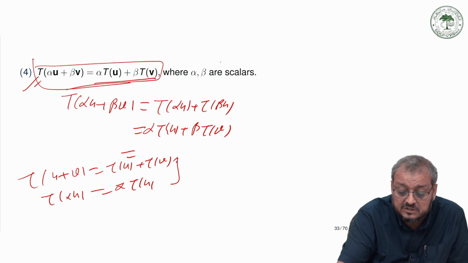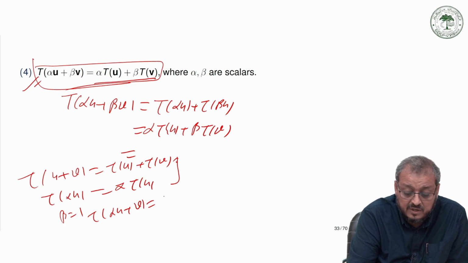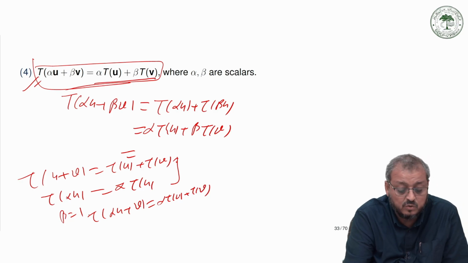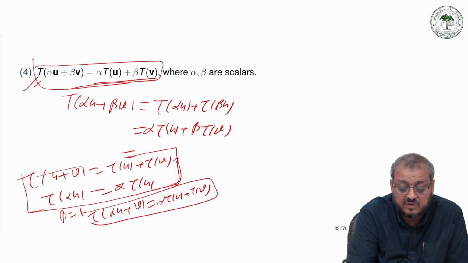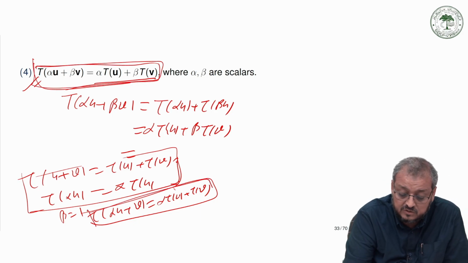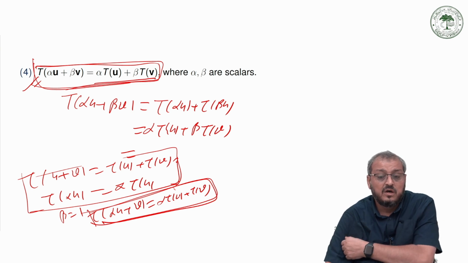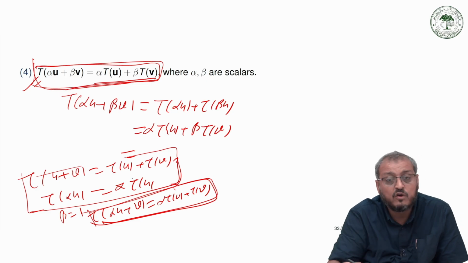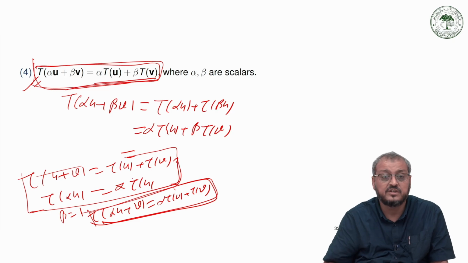If we take, for example, beta equal to 1, we have T of alpha U plus V, and this can be written as alpha times T of U plus T of V. So either we check these two conditions for a vector space map to be linear, or we check this one condition: T of alpha U plus V is equal to alpha times T of U plus T of V. For any one of these three properties, we can check and verify whether T is linear or not.